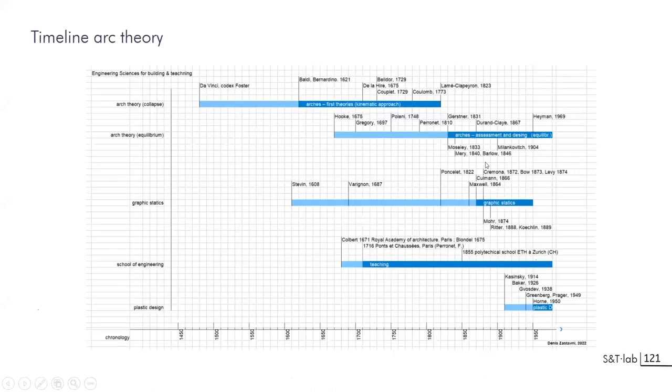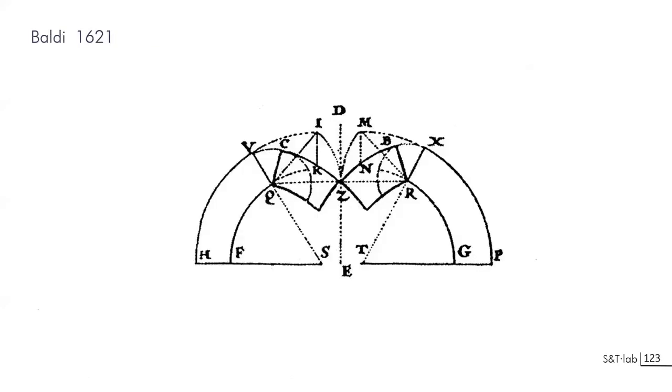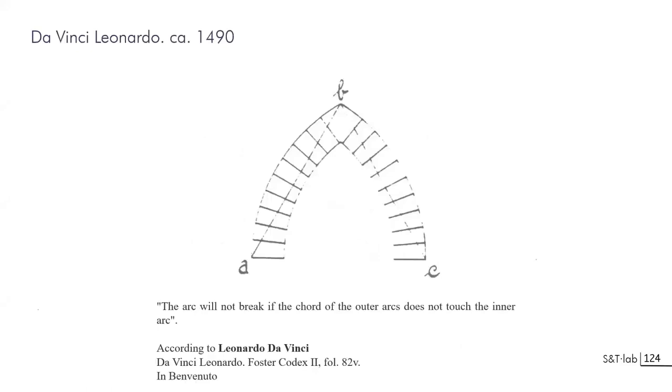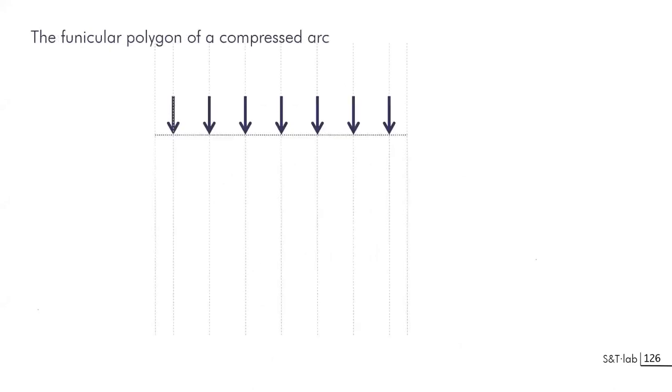So let's move to it just to show you that the very beginning of this assessing of arches was coming from Da Vinci, who invented a mechanism to check the kinematic collapse of arches, and Bélidor also is showing the first indication of what will become the hinges in an arch when an arch is coming to collapse. Again, Leonardo da Vinci with the chord of the external arch that won't cross the internal arch, and Méry who will be proposing the system.